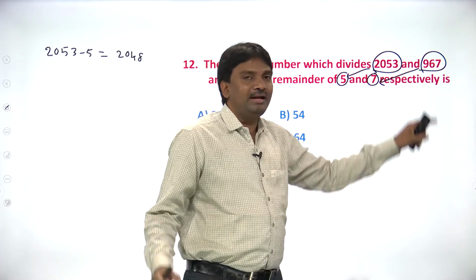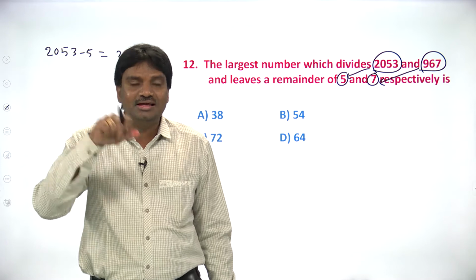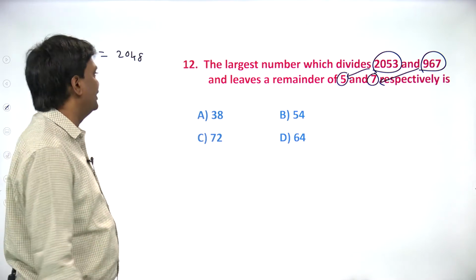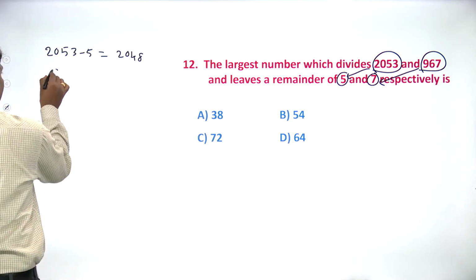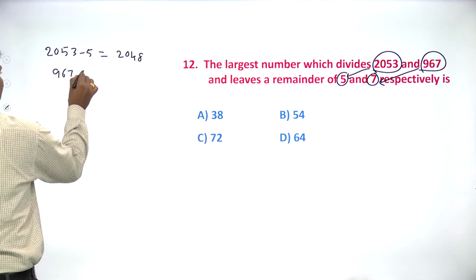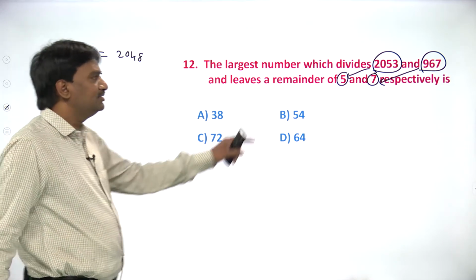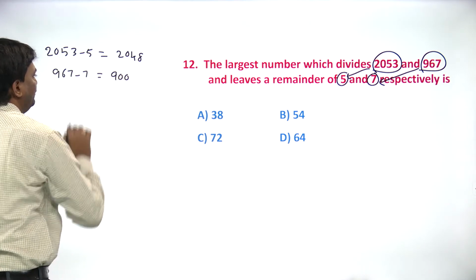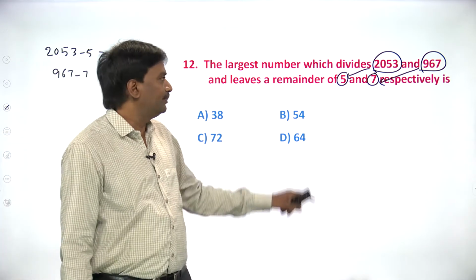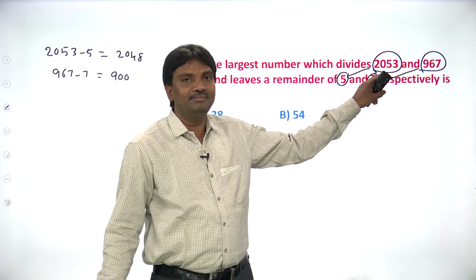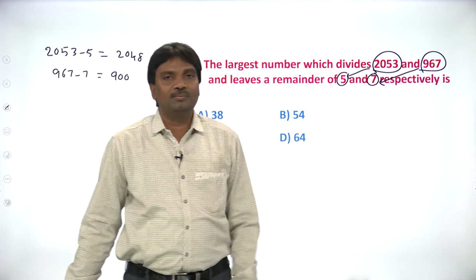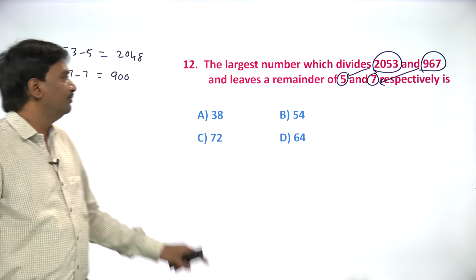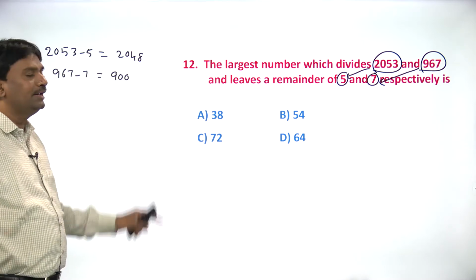If we divide the number 967 by the same number, we are getting the remainder as 7. That is why, by subtracting 7 from 967, you will get 900. So, by subtracting 5 from 2053 and 7 from 967, we have gotten 2048 and 900.